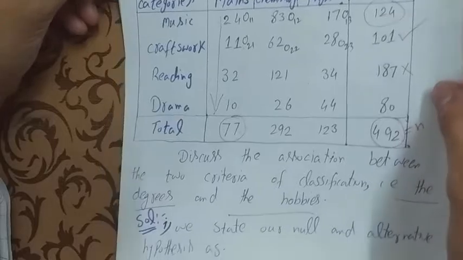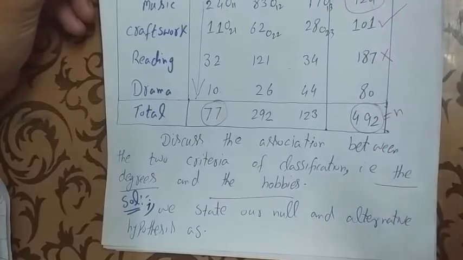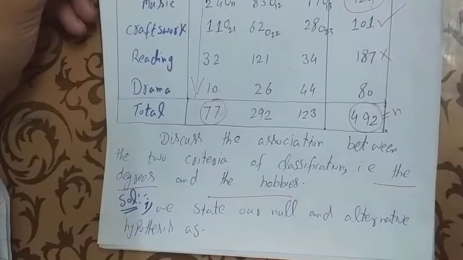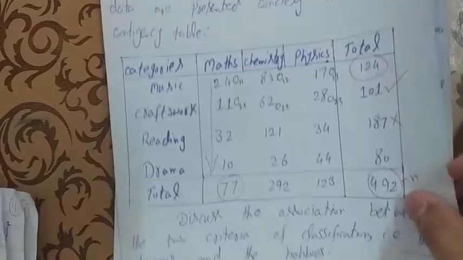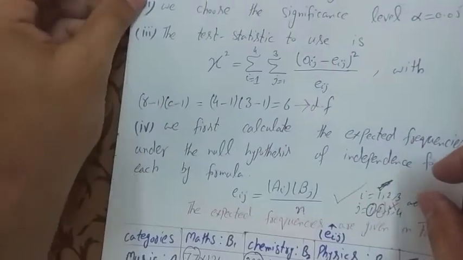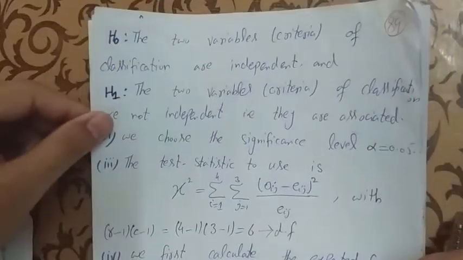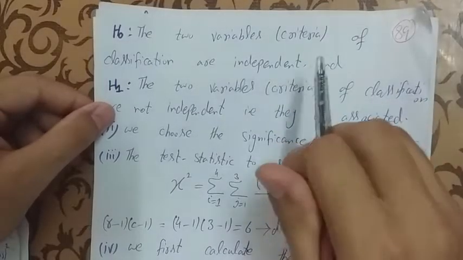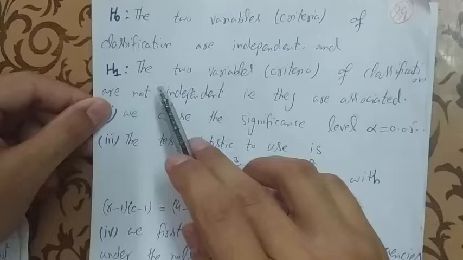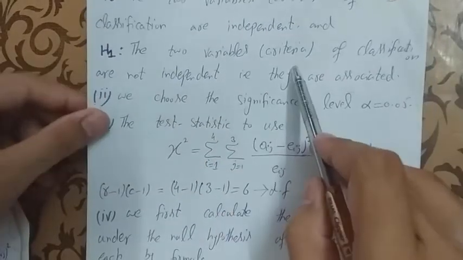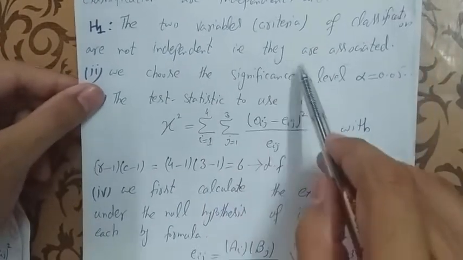Now we start with the previous working that we studied. We formulate the null and alternative hypotheses simply. H naught: the two variable criteria of classification are independent, and H1: the two variable criteria of classification are not independent, meaning they are associated.